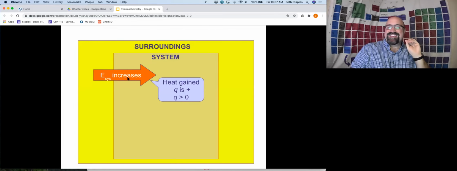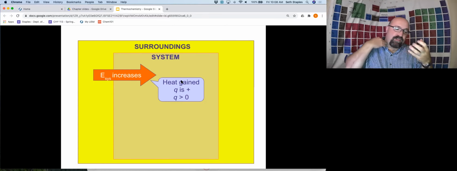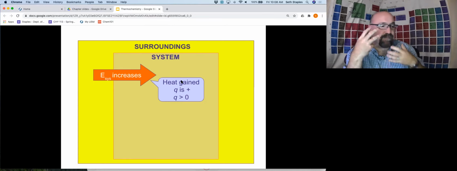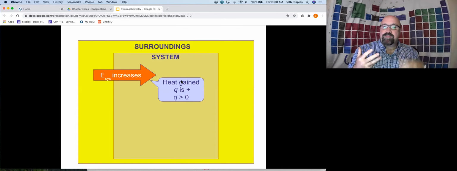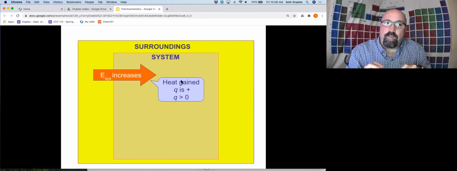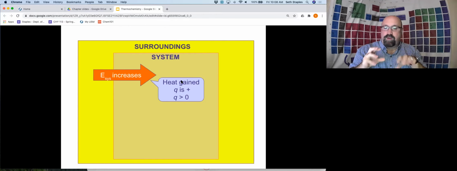Let's look at the flow of energy. If heat is gained by the system, that means energy is moving from the surroundings into the system. This is where it's important to keep in mind the idea of system and surroundings, because we're always looking at energy from the perspective of the system when defining our direction of heat flow, our direction of energy flow.